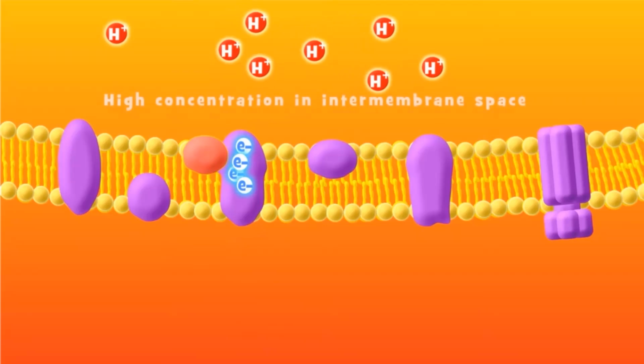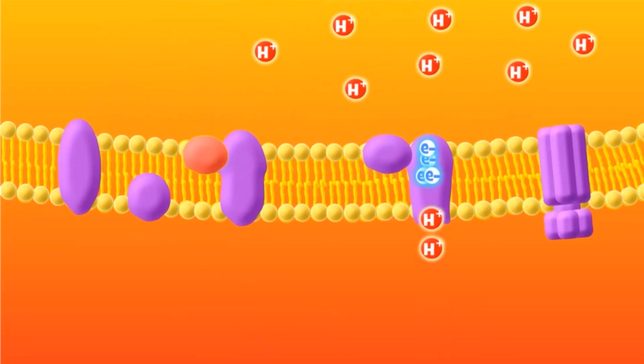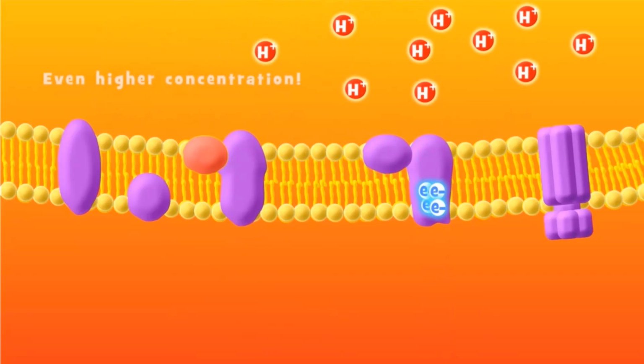Notice that we are building up a high concentration of hydrogen ions in the intermembrane space. This will be very important soon. Now the electrons are transported to a final protein complex, where their energy is used once again to pump hydrogen ions into the intermembrane space, making the concentration even higher.